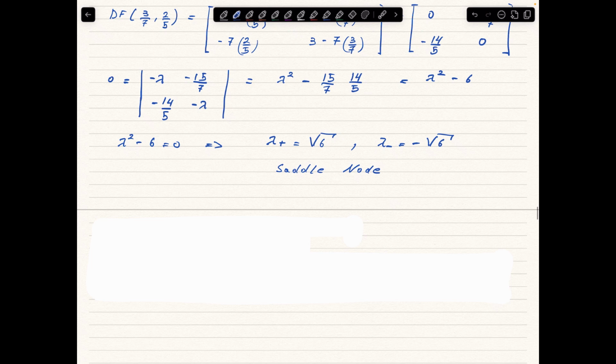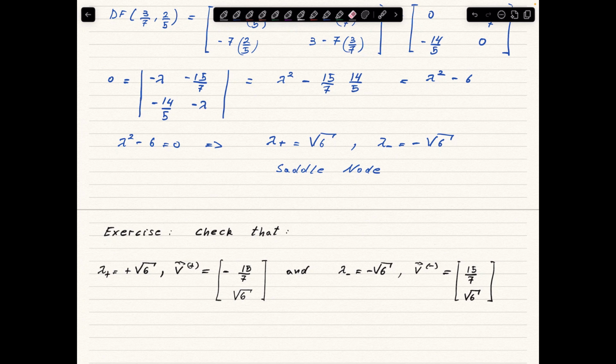And now we should compute the eigenvectors, but we are going to leave it as an exercise, and you're going to see that if you compute the eigenvector corresponding to lambda plus, you're going to get this vector. If you compute the eigenvector of lambda minus, you're going to get this vector here. So same components, just one has a negative sign, one has a positive sign.